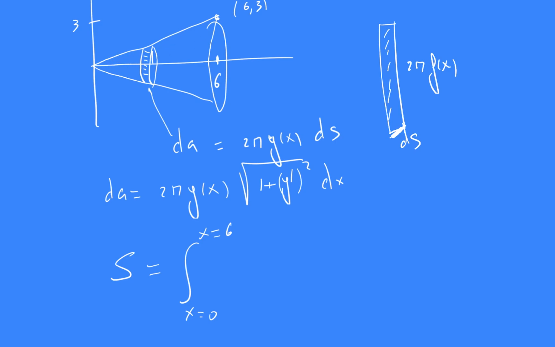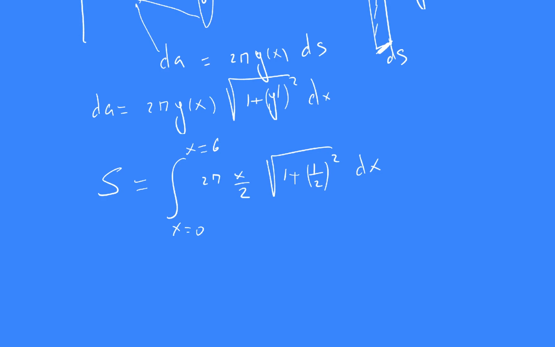Okay, it's a nice problem. y of x is x divided by 2, and the square root of 1 plus y prime squared. Because y of x is x divided by 2, y prime is 1/2, so 1/2 squared. So this integral is easy to find.